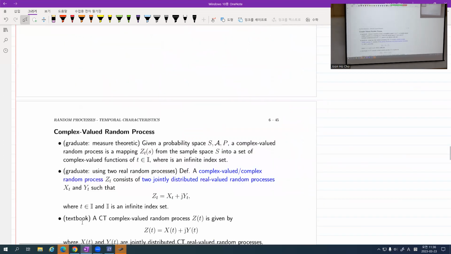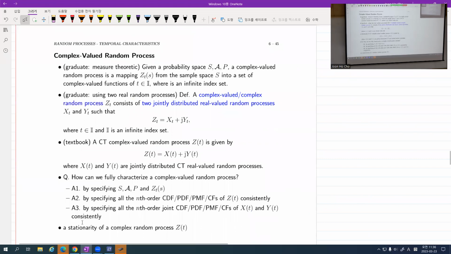Okay, now let's move to complex valued random process. So now you have z subscript t, z of t, if you want. So consider a continuous time complex random process z of t. It has what? A real part random process, and an imaginary part random process. And they are jointly distributed. What does that mean?